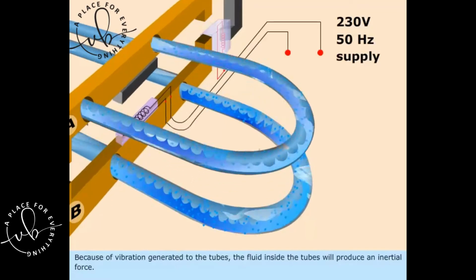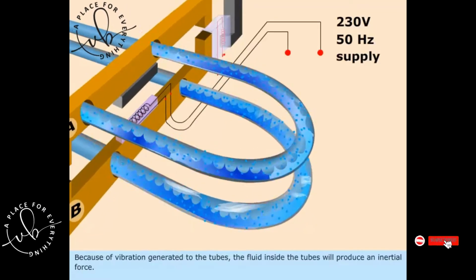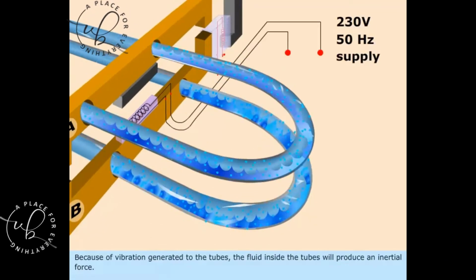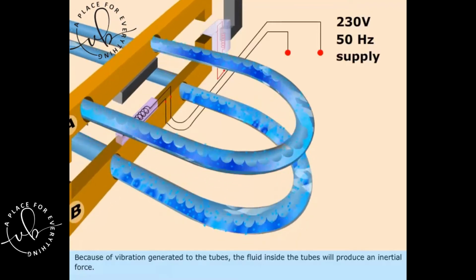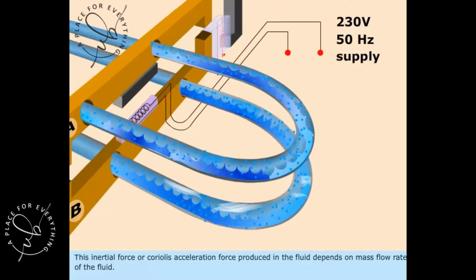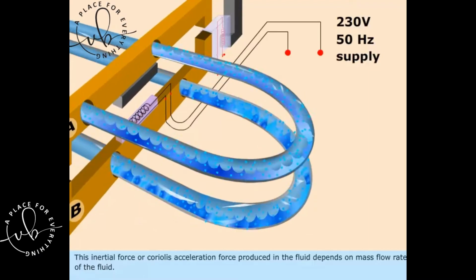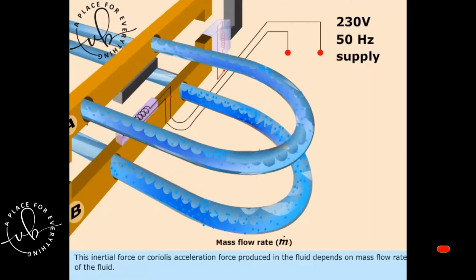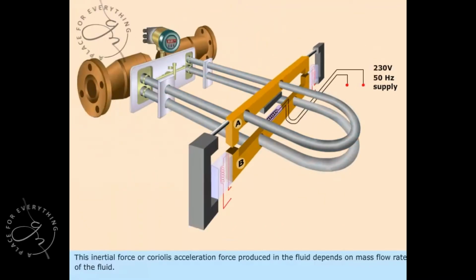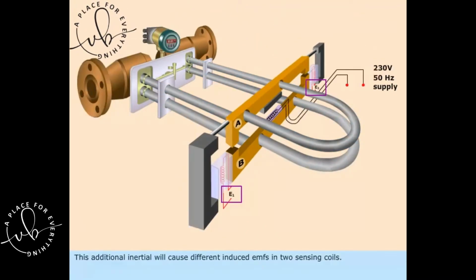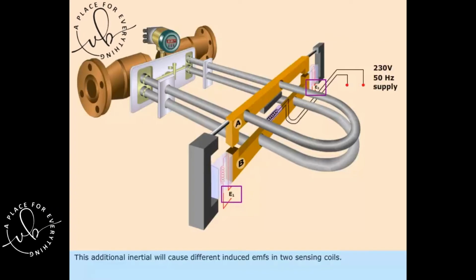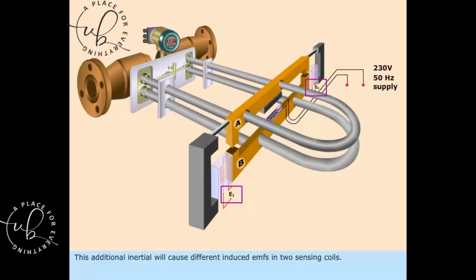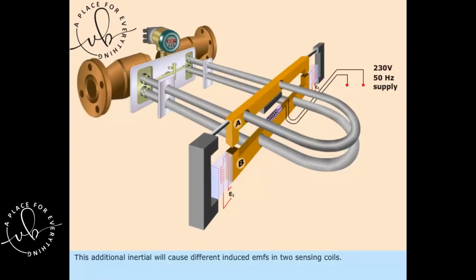Because of the vibration generated in the tubes, the fluid inside the tubes will produce an inertial force. This inertial force, or Coriolis acceleration force, produced in the fluid depends on the mass flow rate of the fluid. This additional inertial force will cause different induced EMFs in the two sensing coils.